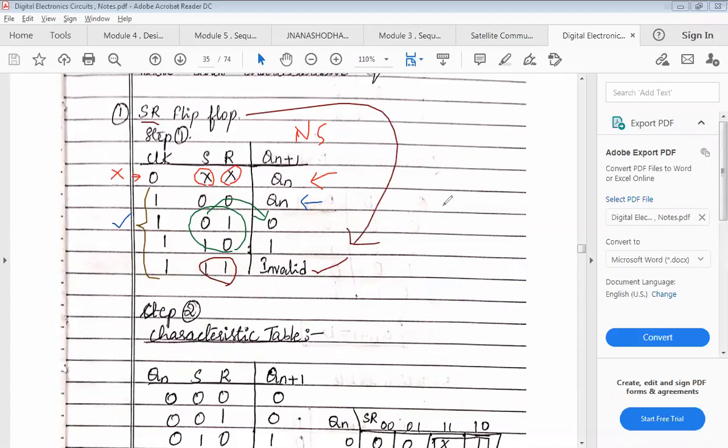If I did not have this invalid state, I would have used my SR flip-flop extensively, but it's giving me an invalid state, so I do not want to get into it. The best thing is I will stop using this flip-flop. So we are having only 0 0, 0 1, 1 0. Only 3 states are usable. The last one becomes not usable.